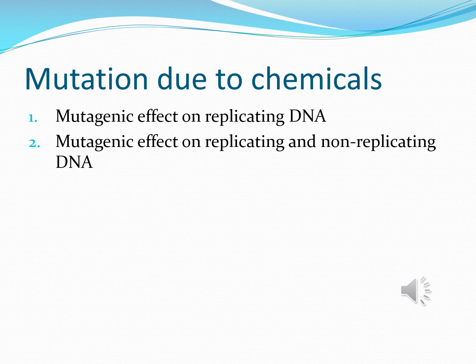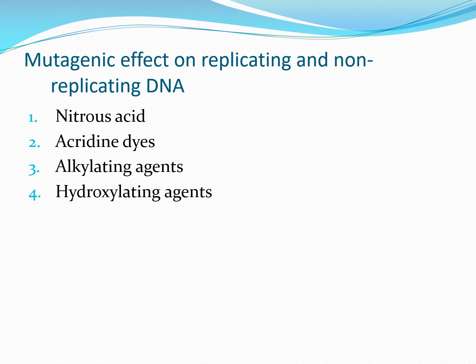This distinction is important in cancer chemotherapy. Agents that target rapidly dividing cells with replicating DNA are selectively toxic to tumors, while agents that damage non-replicating DNA can cause mutations in quiescent cells, including stem cells.